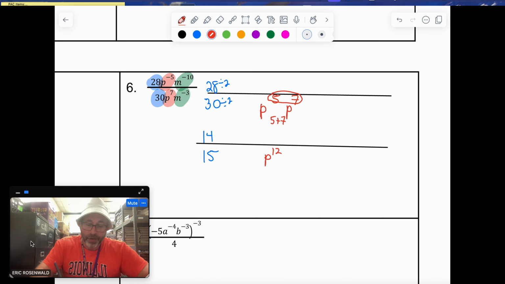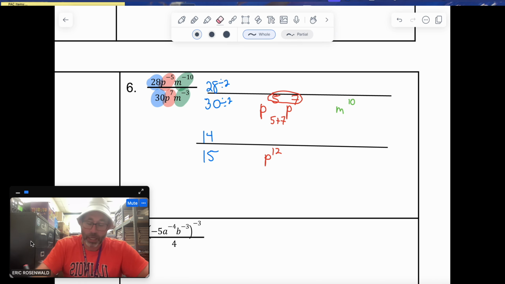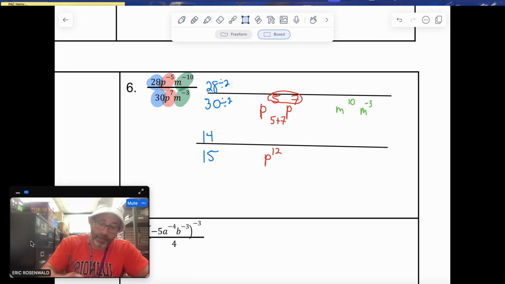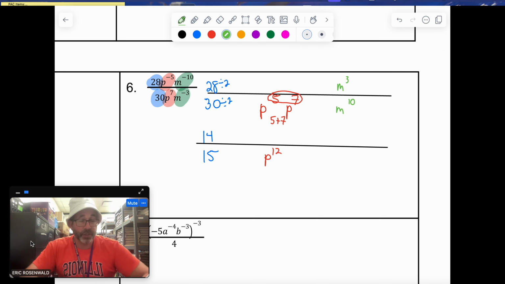Okay. For the green, we're going to have m to the negative 10. Because it's a negative exponent, it goes ahead and moves, and then it becomes a positive. And the m to the negative 3 that was there, it's going to go ahead and move, and it's going to become a positive on the top. Now, this is our first time seeing this one in these notes.